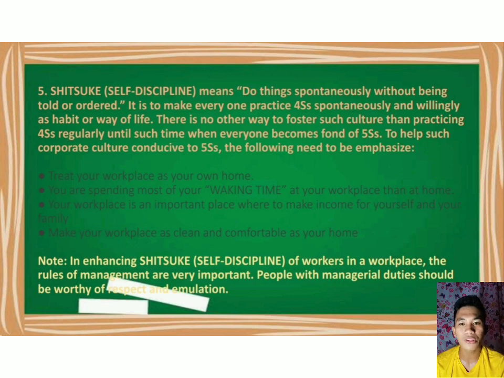It becomes a habit. There is no other way to foster such culture than practicing 4S regularly until such time when everyone becomes fond of 5S. To help make corporate culture conducive to 5S, the following need to be emphasized.